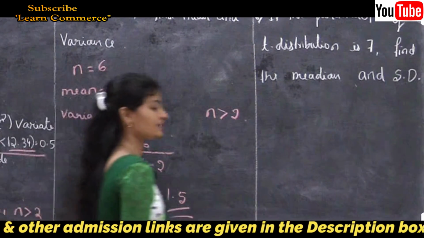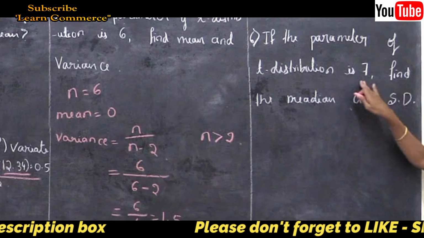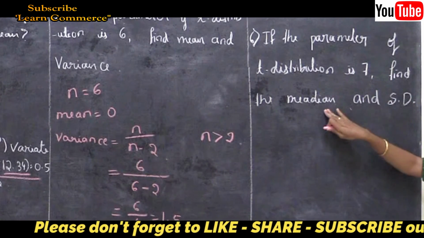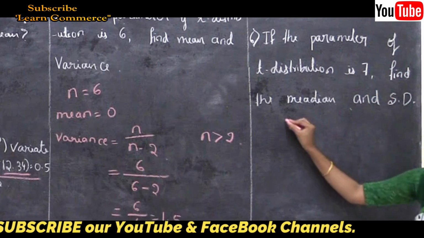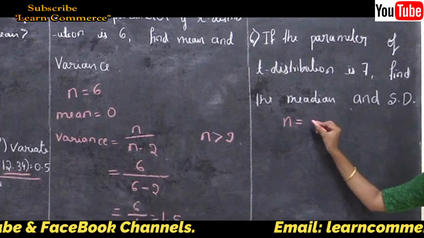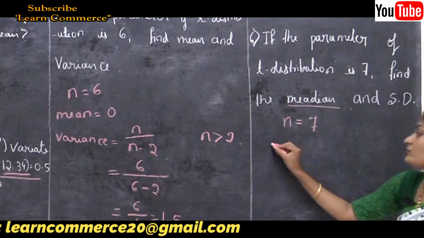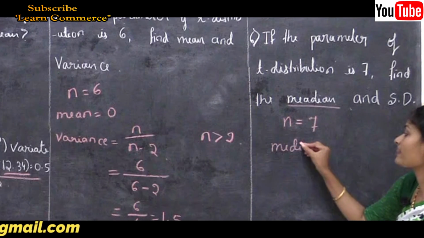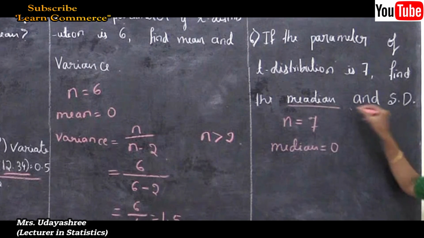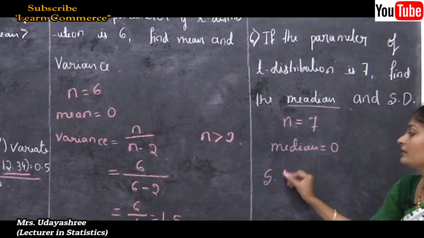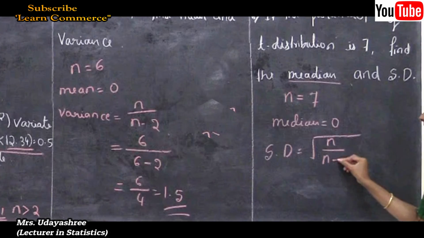Okay, next let's see the third last problem, that is if the parameter of t distribution is 7, find the median and standard deviation. The parameter of t distribution is n, so the given observation is n is equal to 7. Then the median of t distribution is 0, so we can write median is equal to 0. And the standard deviation formula is the square root of n divided by n minus 2.